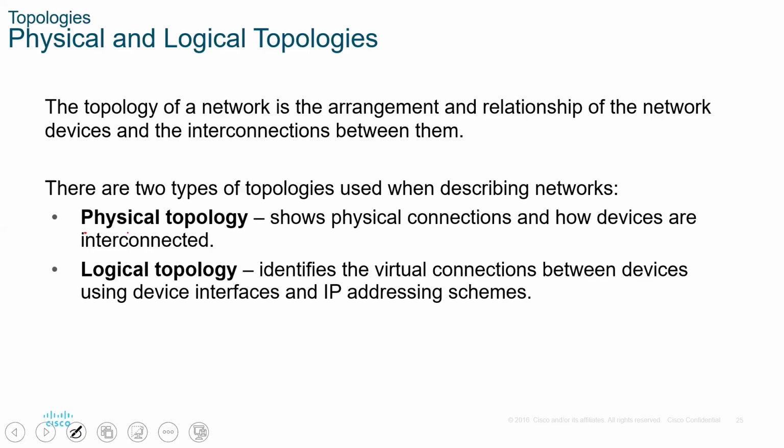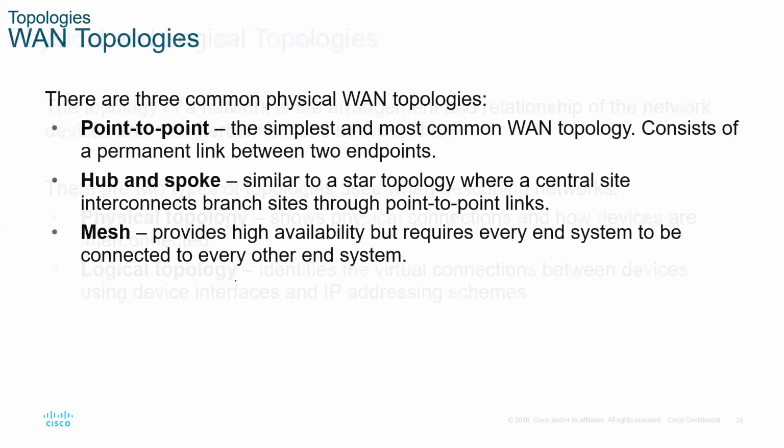So we have the physical topology, and then you have the logical topology, right? So the physical topology shows the physical connections and how the devices are interconnected, while the logical topology identifies the virtual connections between these devices using device IP addressing schemes and things like that.